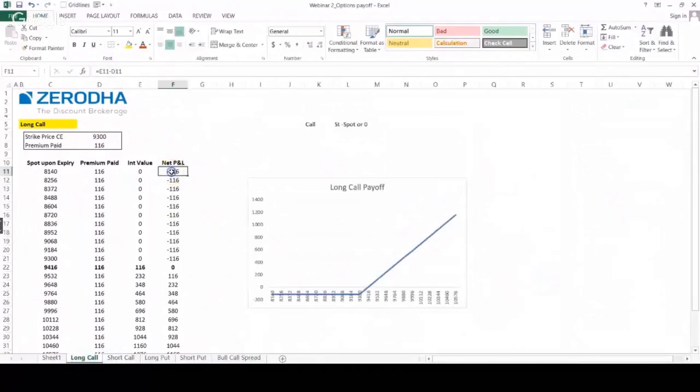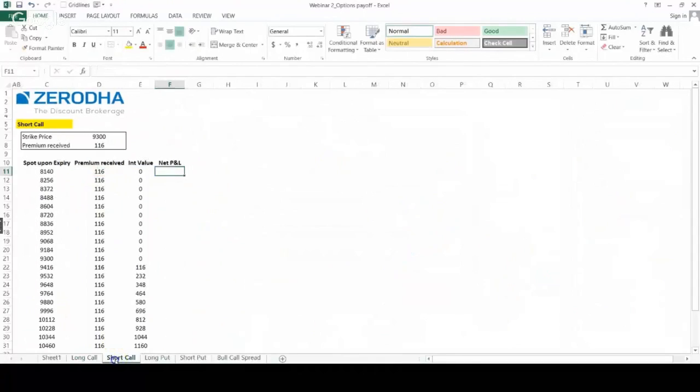Remember, in this one, I have paid so much premium. So the money that I will make is only after compensating for the premium that I've paid. So therefore, the net P&L is always the intrinsic value minus the premium, right? So whatever intrinsic value that I enjoy, from that I have to account for the premium, and whatever is remaining over and above that will be my profit.